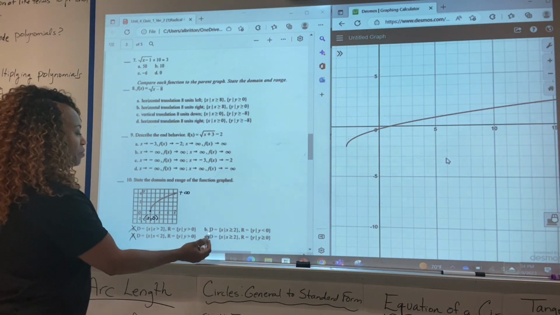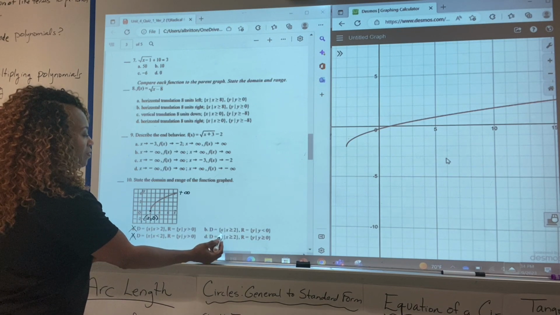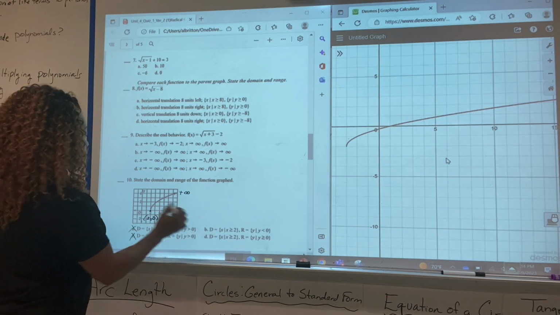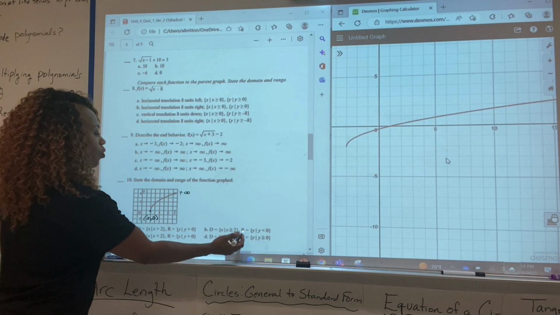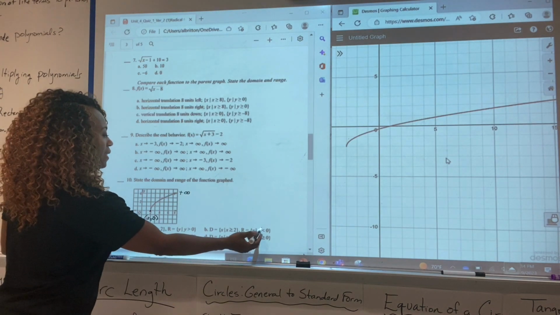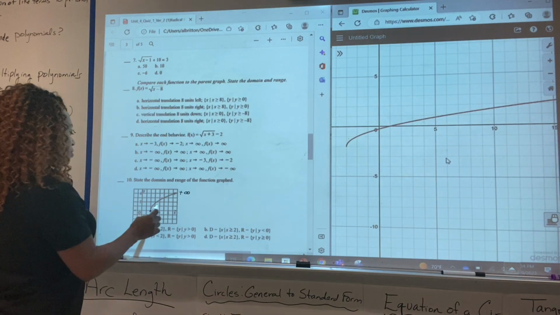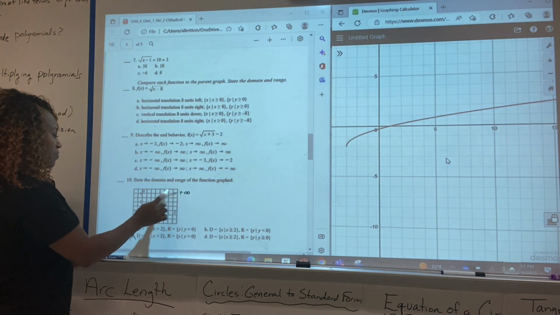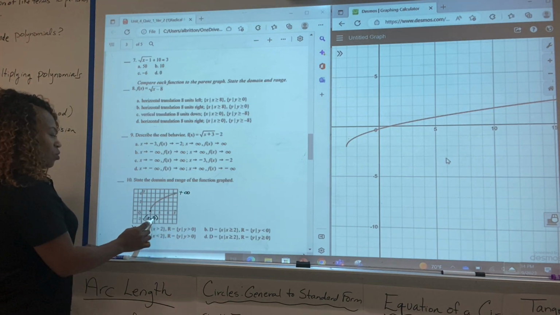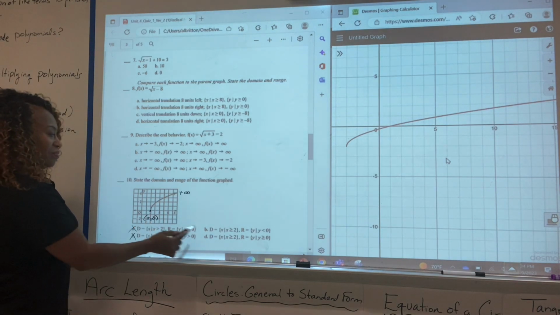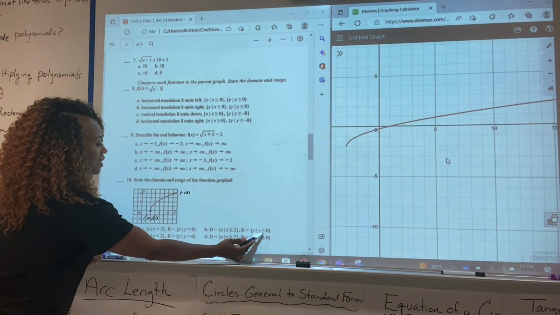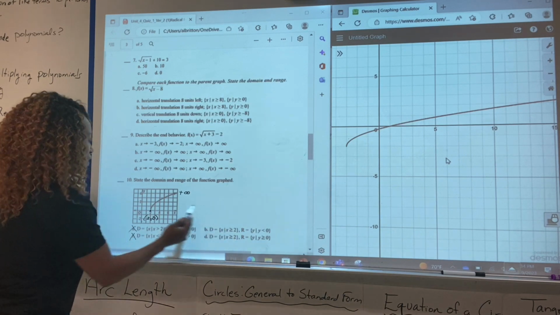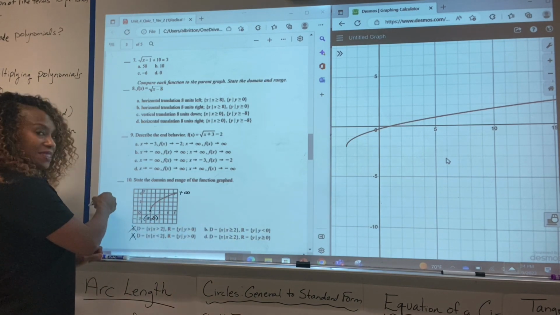Let's check B. Domain equals all x values where x is greater than or equal to 2. Okay, that matches. Range is all y values where y is less than 0. Okay, so here's the y coordinate. As we go towards positive infinity and go up, these y values are getting larger, not smaller. It says less than 0, which means they're going into the negatives, and it's not going into the negatives.